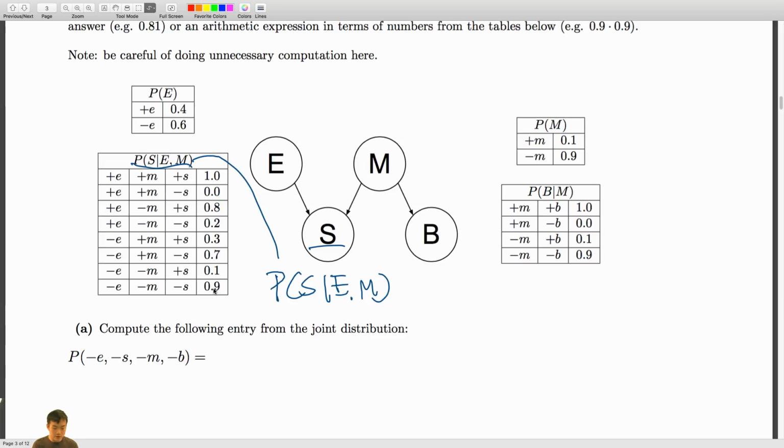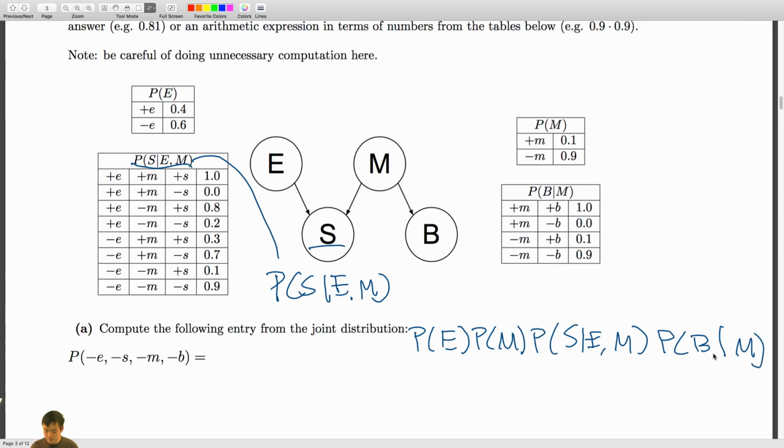One way you could compute this joint is to take the probability of E, probability of M, probability of S given E and M, and the probability of B given M. If you multiply all these together, you get the joint probability of E, M, S, and B. Because we only want one row of the joint table, we just need to take one row from each of the original tables and multiply them all together.